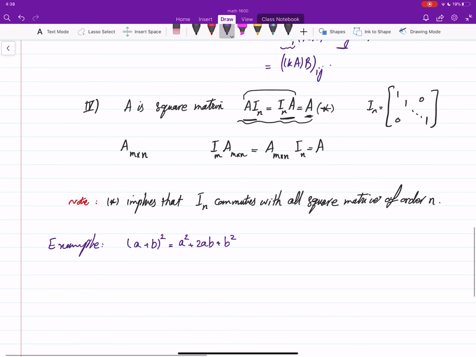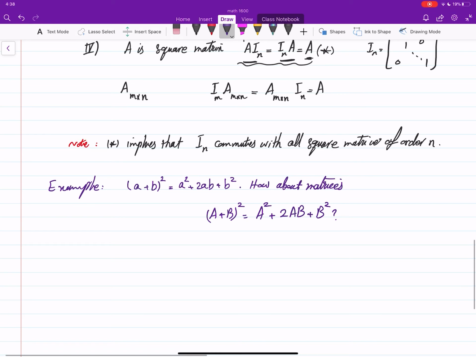How about matrices? Is it true that (A + B) squared equals A squared plus 2AB plus B squared? Well, let's see.